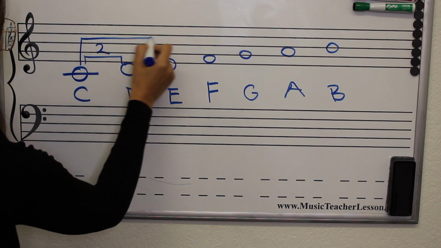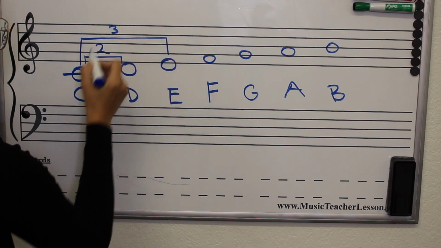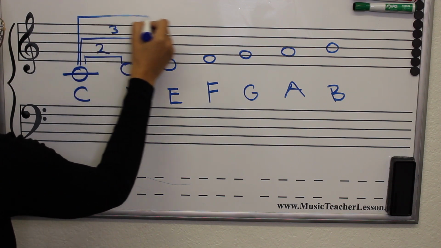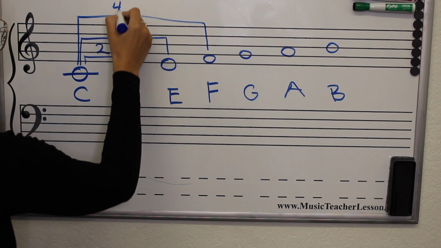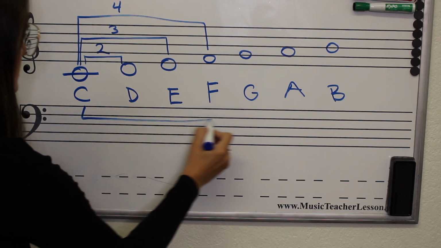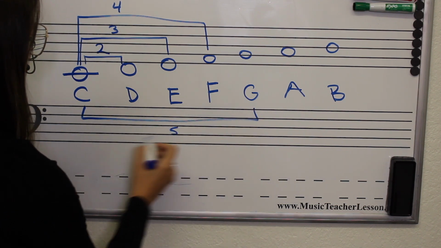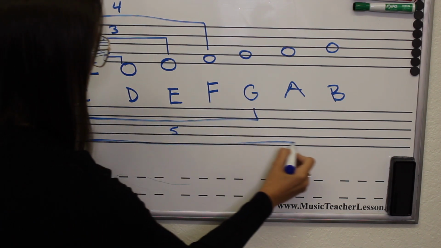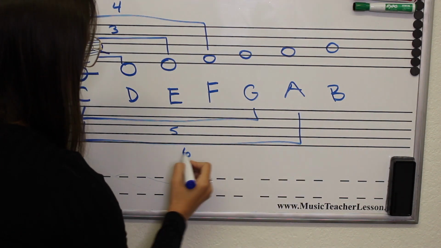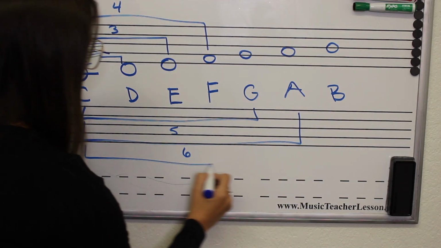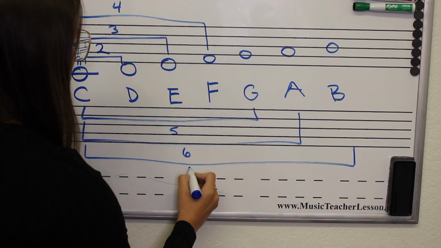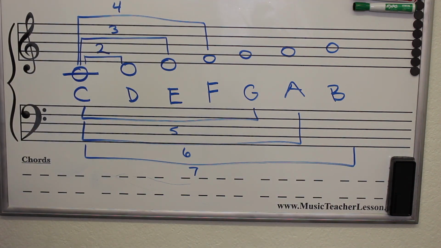C to E was our third. C to F is our fourth. C to G is our fifth. C to A is our sixth. And C to B is our seventh interval.